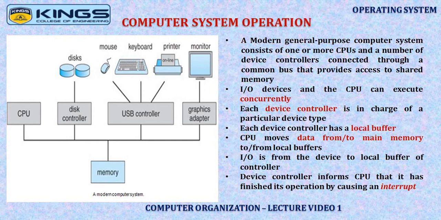CPU can also move data to the main memory from the local buffer of the devices. So the movement of data between the main memory and the local buffer of the devices is governed by the CPU, Central Processing Unit. And whenever the operation is finished, the device controller will inform the CPU by causing an interrupt.